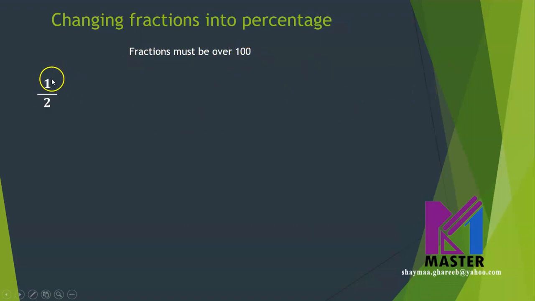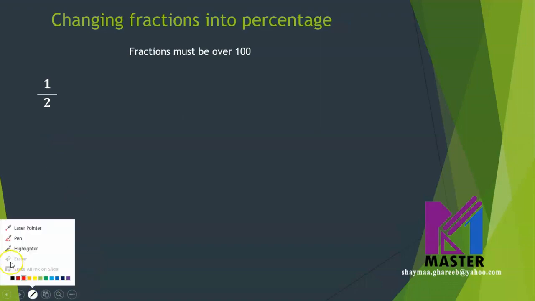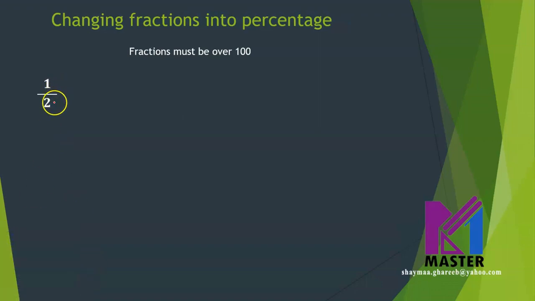So, for example, if I have 1 over 2, I need this fraction to be a fraction over 100. So I need to change this 2 to be 100. How to change the 2 to be 100? I will multiply it by 50. So 2 times 50 will be 100. And as we said before, in equivalent fractions, I should do the same up and down.